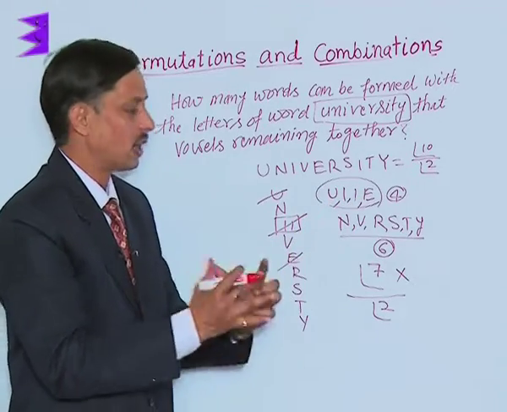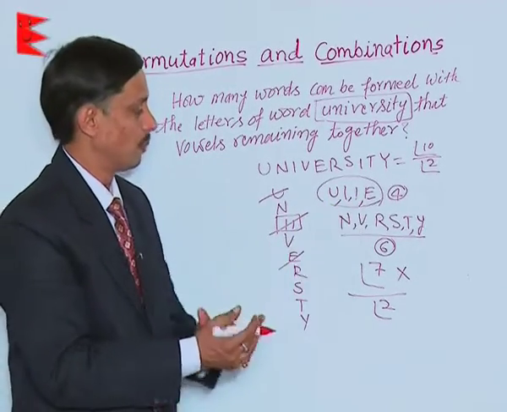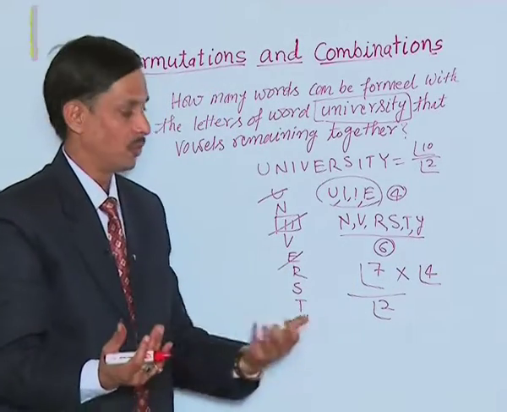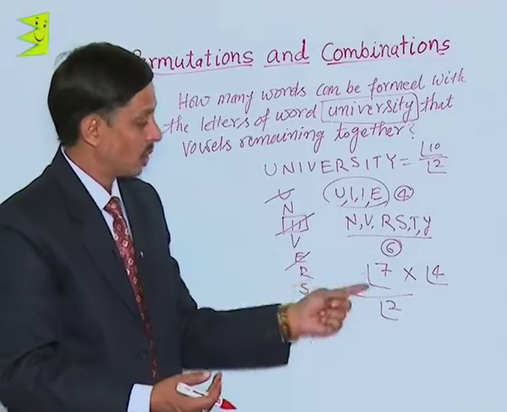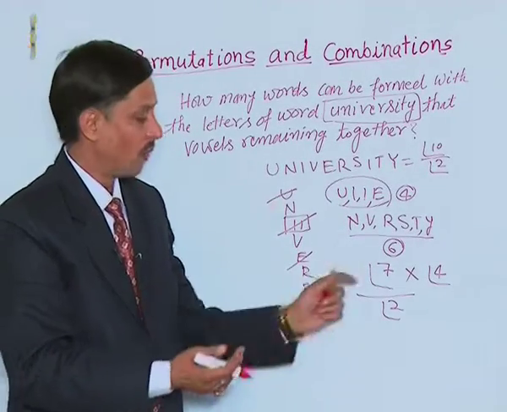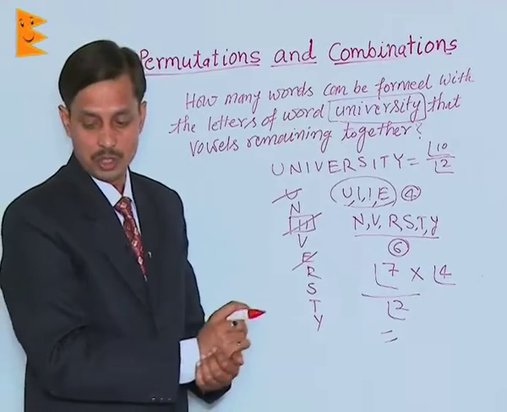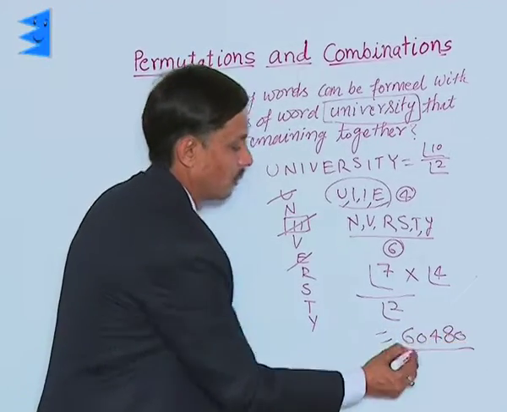These 4 letters are together, but together they can interchange their positions. So we can say 4 letters can change their position in how many ways? Factorial 4 ways. So this is the total ways of arranging, and after simplification the answer will be 6060480.